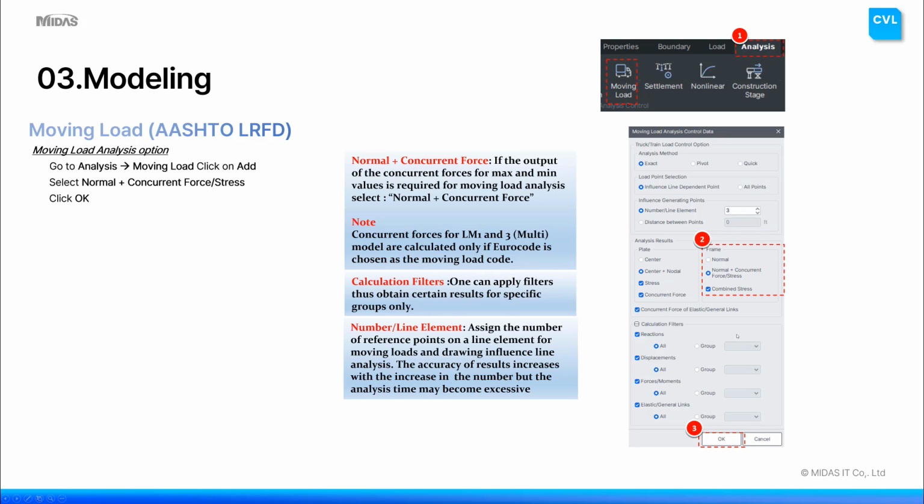If they have a very heavy model, they'll be selecting just the forces or moments that they need, and by doing that, the program will automatically know and just output the required analysis results.